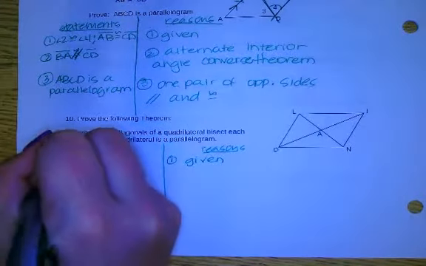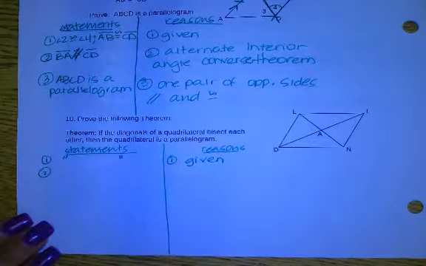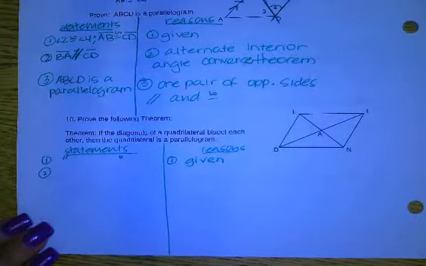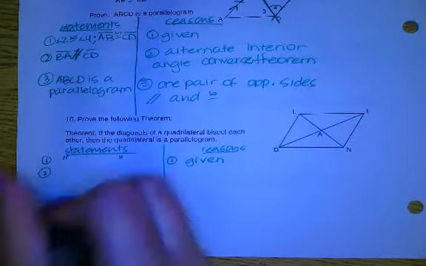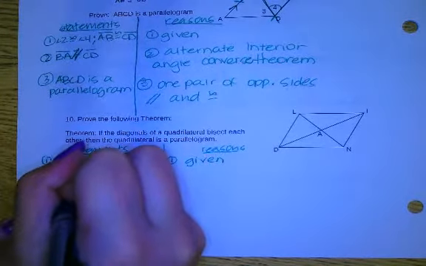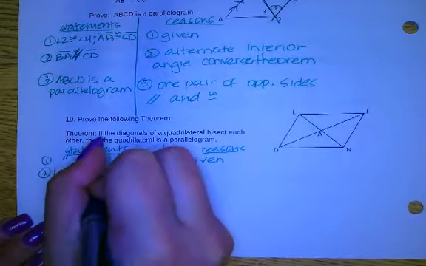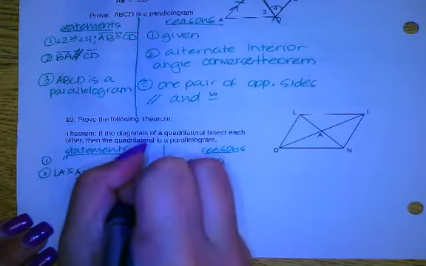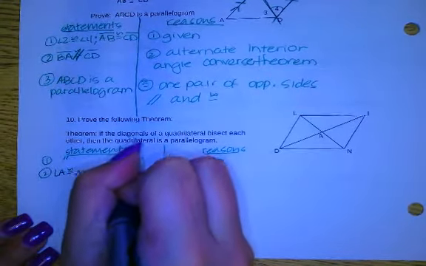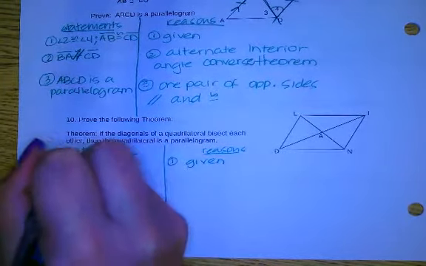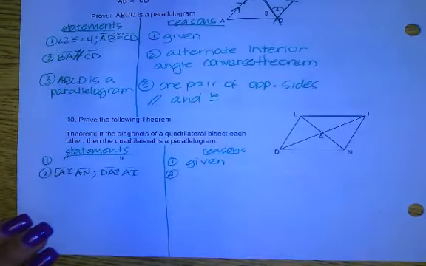LA and AN are congruent, yes. And DA and AI are congruent. Yes. So you can prove that opposite triangles are congruent. Okay, one step at a time, but yes. But what's the reason for LA and AN congruent and DA and AI? Very good. Definition of bisect.